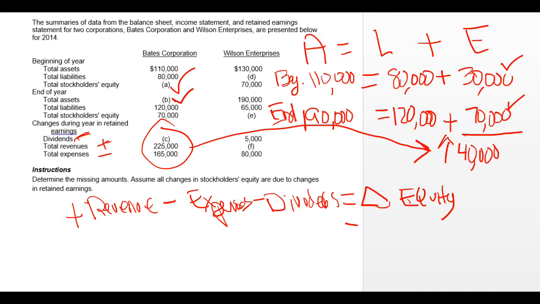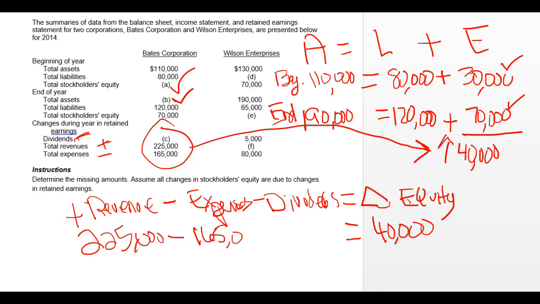I know my change in equity was 40,000, so I'm going to set everything equal to 40,000. So over here, my revenues, which are 225, I'm going to write out 225 minus my expenses, which are 165, minus my dividends, which is my unknown, and I'm just going to call that X. And now I can set that equal to 40,000.